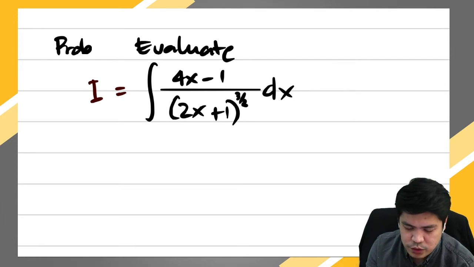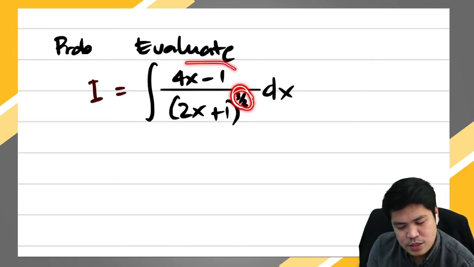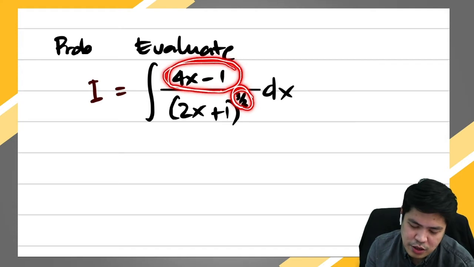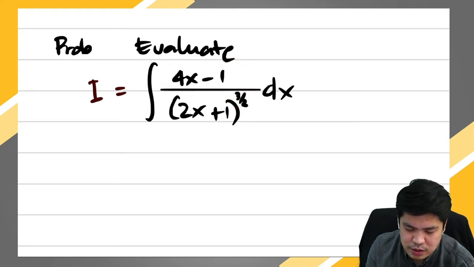Number one, if we look at this as du over u, the numerator should be a degree lower than the denominator. So the degree here is not 3 halves minus 1, but instead the numerator is first degree.